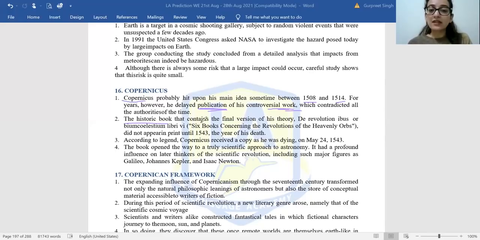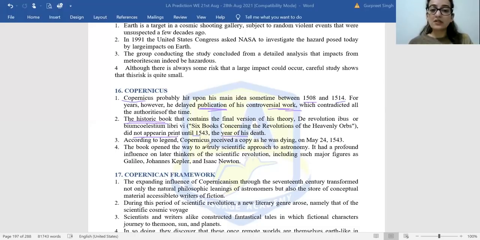The historic book that contains the final version of his theory, On the Revolutions of the Heavenly Orbs, in six books, did not appear in print until 1543, the year of his death. So we are saying this book, which was about a particular topic, did not appear in print until 1543, the year of that person's death.